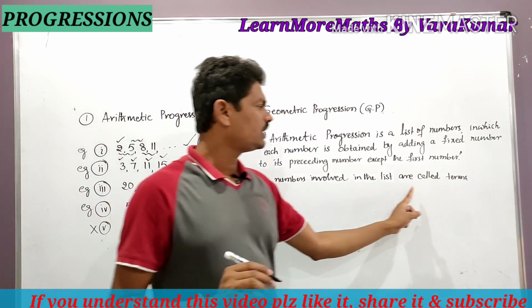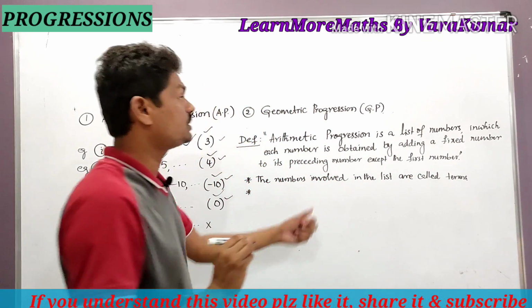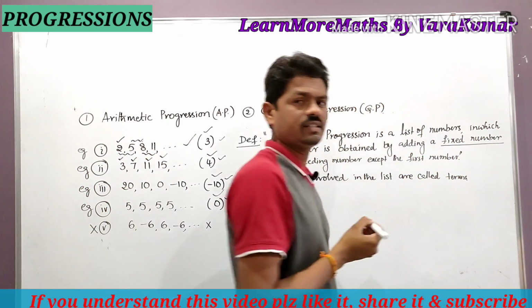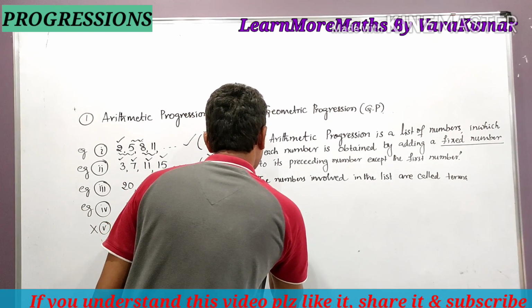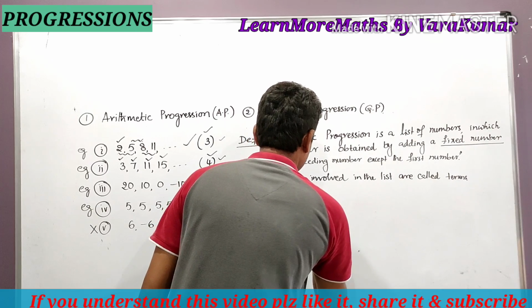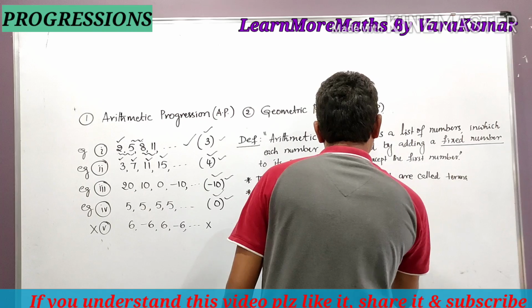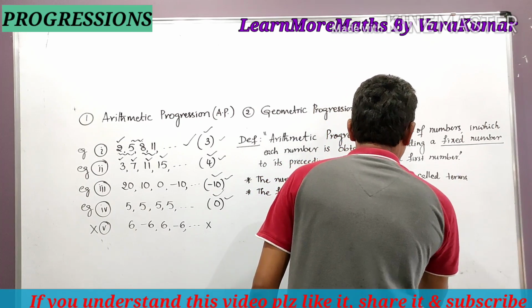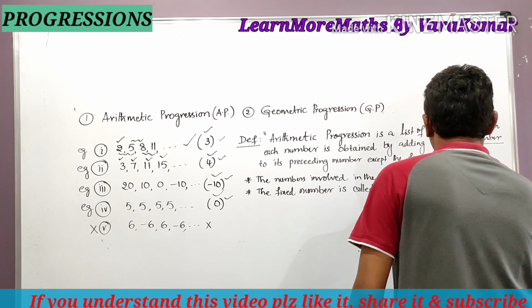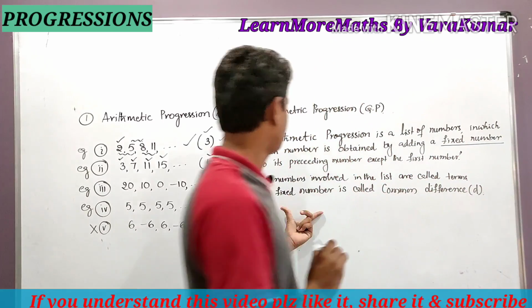So the numbers involved in the list are called the terms, and the fixed number which is added to the preceding term is called the common difference. What is it, student?